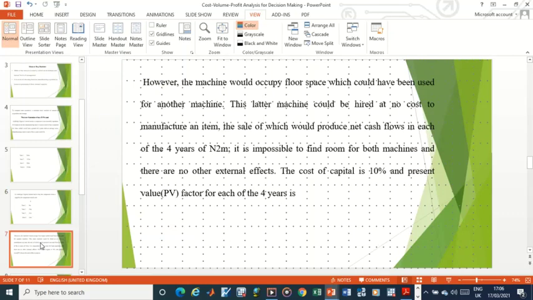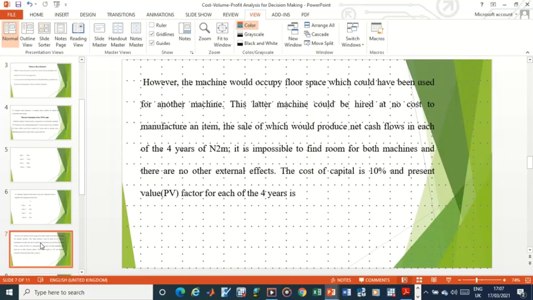However, the machine would occupy floor space, which could have been used for another machine. This latter machine could be hired at no cost to manufacture an item. What this implies is that this latter cost does not have any opportunity cost attached to it.